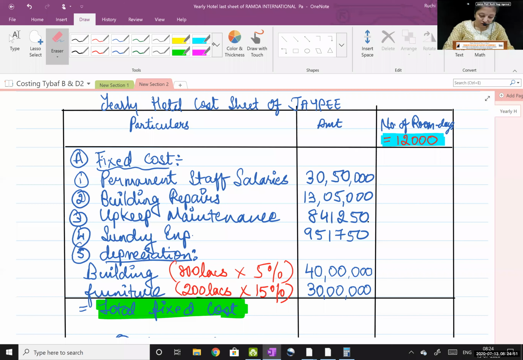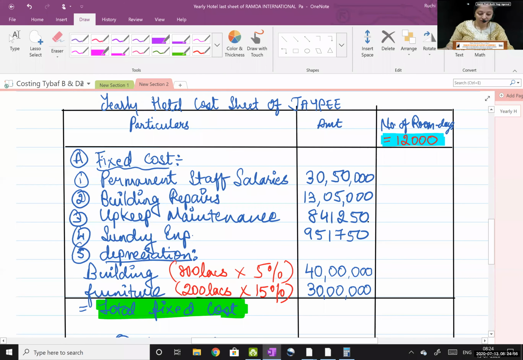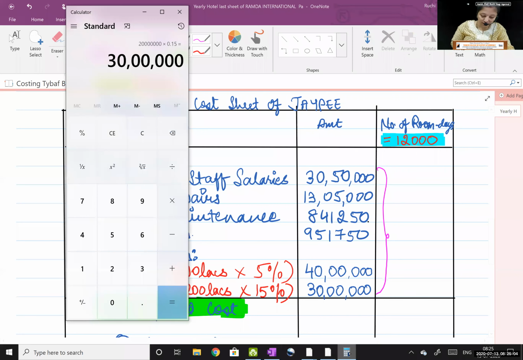Next, obviously you have to total your fixed cost, right? From here till here. Okay. That is, do the totaling. 30 plus 40 is how much? 70 lakhs, right? Let me take it directly. 70 lakhs plus 9 lakh 51,750 plus 8 lakh 41,250 plus 13 lakh 5,000 plus 30 lakh 50,000.